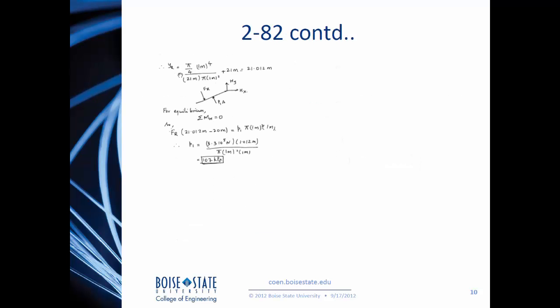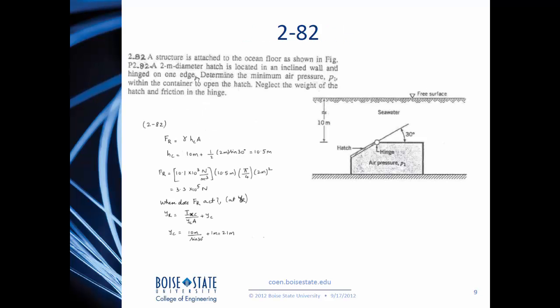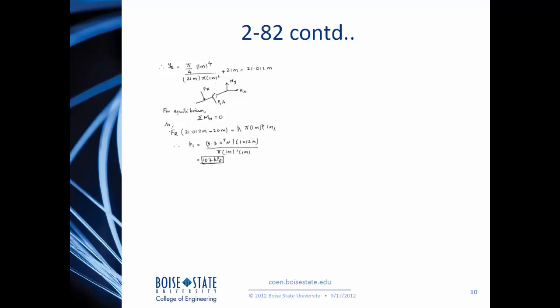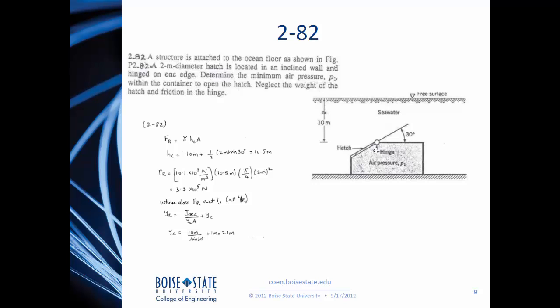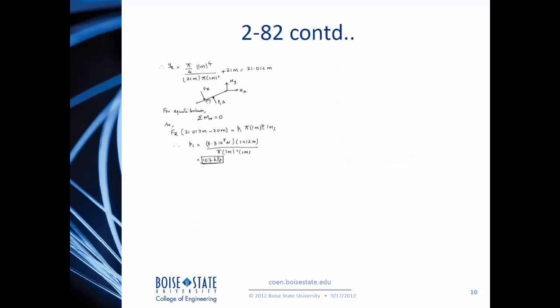And then YR can then be computed, and for this you can look up the figure to get the IXC values. And then I get the YR. Then, since I'm interested in finding the pressure, I could draw a free body diagram and then convert that pressure into a force by multiplying by the area.